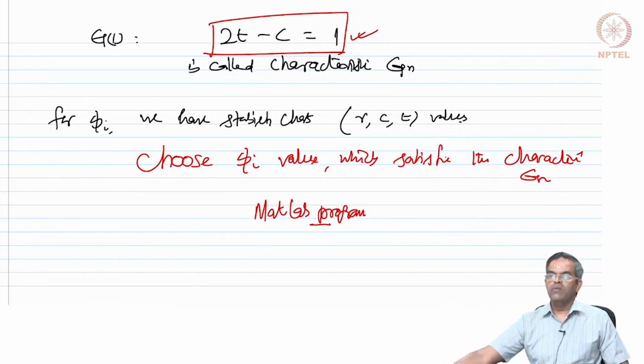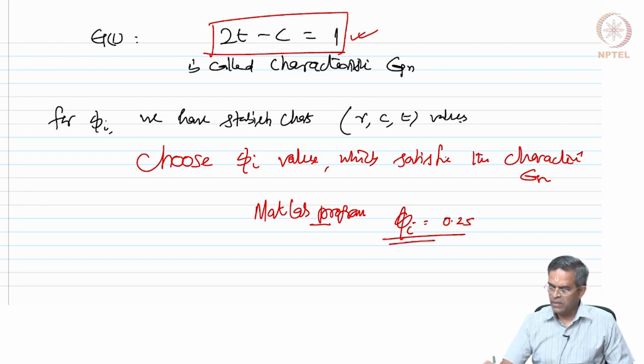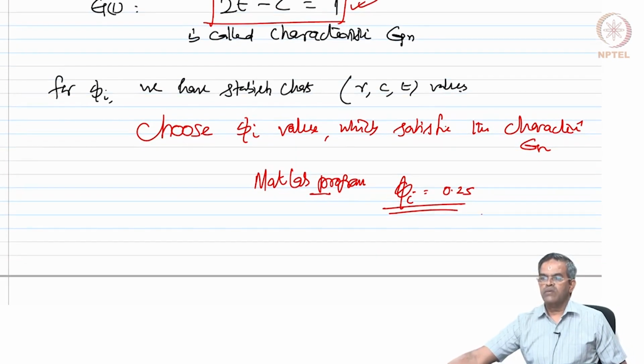So, I will go to the screen now. I have got phi value as 0.25. Now, how do I get the buckling load? That is the question, is it not?